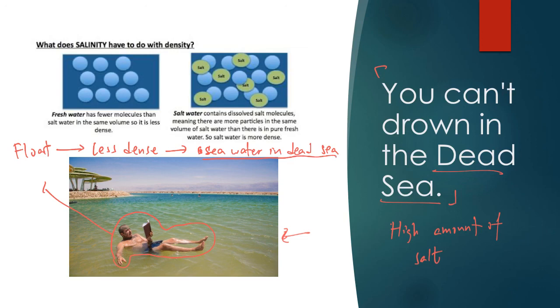The reason is that in the Dead Sea there's a high amount of salt, and these salts dissolve into the water, causing more particles in the same volume. So compared to normal fresh water, right now within the same region there is a lot of salt. So that's why the salt water is more dense than normal water. This situation can also be applied when you're comparing fresh water and salt water. While in the Dead Sea, it's just more exaggerated, more salt in the same amount of water.